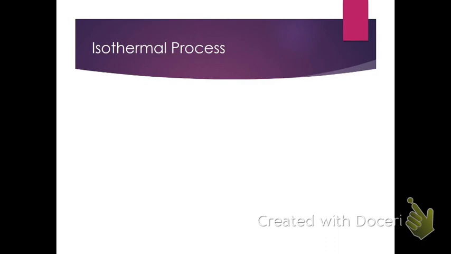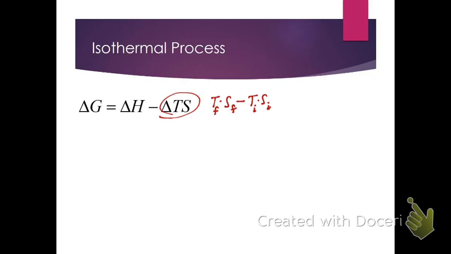So let's talk about an isothermal process and what delta G would be equal to for that. Since the Gibbs energy is defined as H minus T times S, delta G is going to be equal to delta H minus delta TS. It's important to note that delta TS means the difference in the temperature-entropy product, so the final temperature times the final entropy minus the initial temperature times the initial entropy, and that is correct under all circumstances based on the definition.